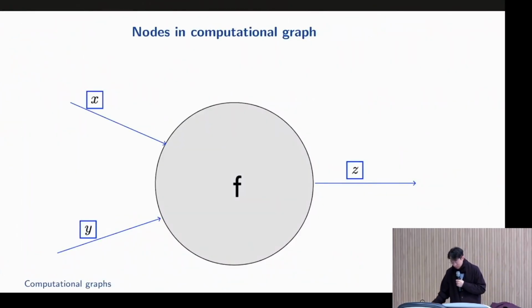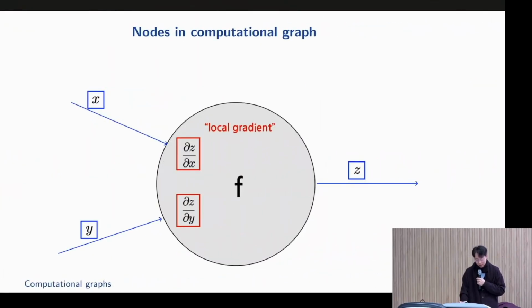Okay, so from the perspective of a single computation node, you have some function f. In the forward pass, given x, y, the outputs of the predecessors, you compute the output, that's going to be z. That's the forward pass.